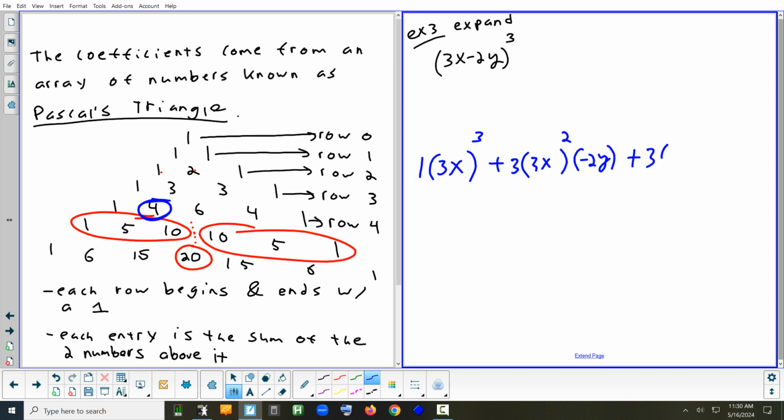In parentheses, just 3x, and in parentheses here, negative 2y to the second. And last term, what's my coefficient? Just 1, negative 2y to the third.